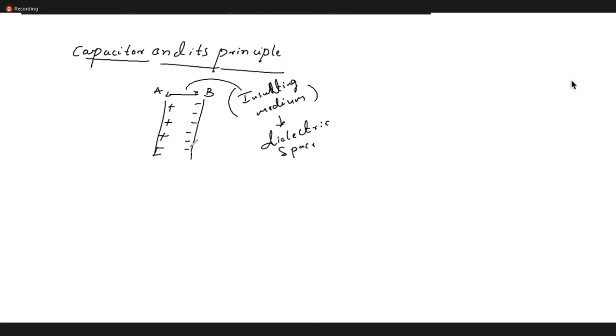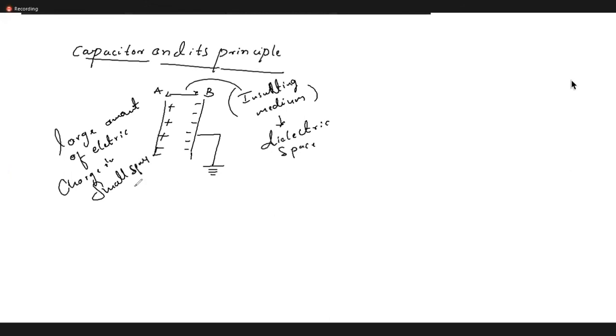One of the plates is earthed. Then I can say this is the capacitor. A capacitor is an arrangement for storing a large amount of electric charge in a small space.